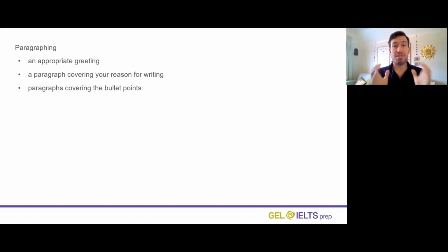But you'll need paragraphs specifically for those 3 bullet points. And then you'll want an appropriate ending, as we looked at before. If it was informal, you might say, see you later, or cheers, or something like that. Whereas if it was more formal, you'd say sincerely, and then your name.